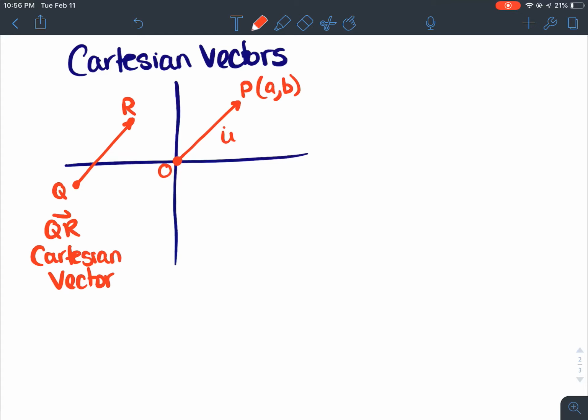Say we called this vector U, and it's at that XY point. Sometimes that's called a position vector, so it's positioned right at the origin. So we could call it vector OP.